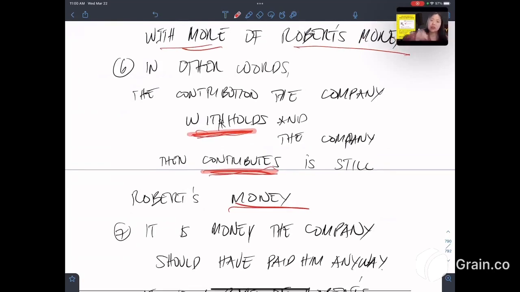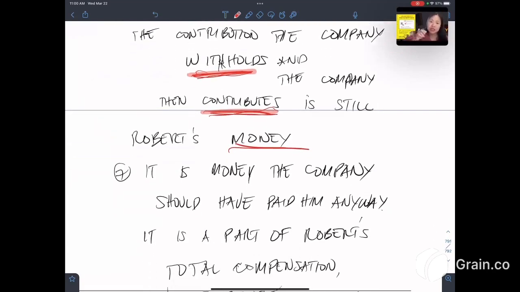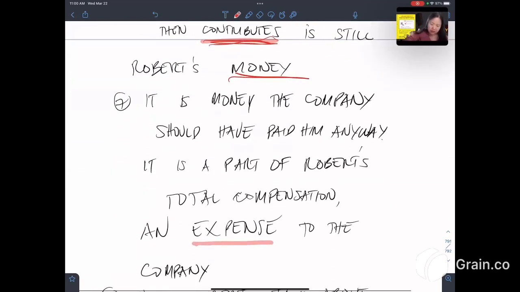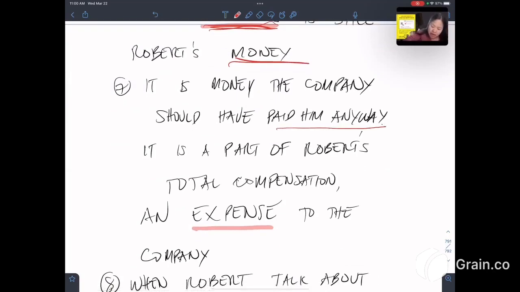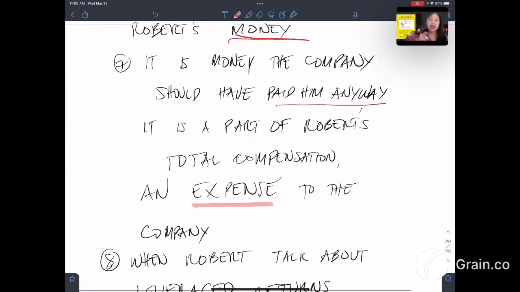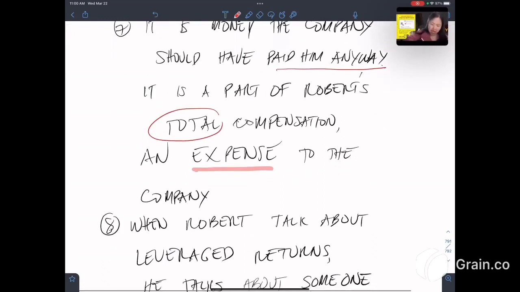The contribution the company withholds and the company contributes is still your money, Robert's money. It is the money the company should have paid him anyway. It is a part of Robert's total compensation, and this is an expense to the company.